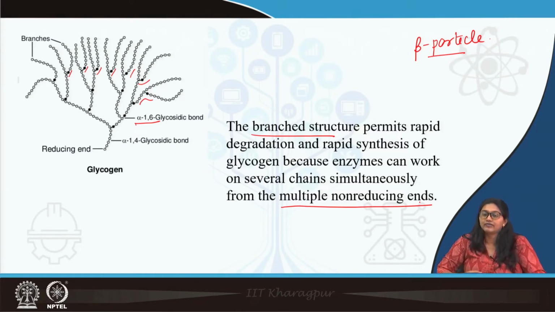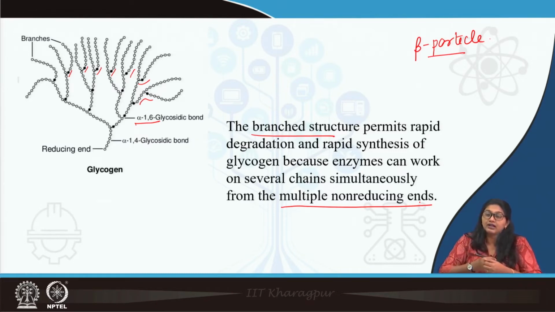Not only that, the enzymes which help in glycogen synthesis and glycogen breakdown act over the non-reducing ends. So, by this extensive branching, the molecule provides the enzyme action sites for the enzymes of glycogenesis as well as glycogenolysis.